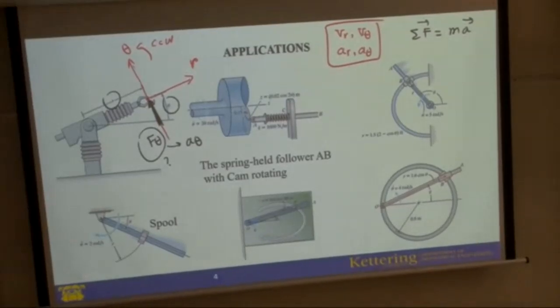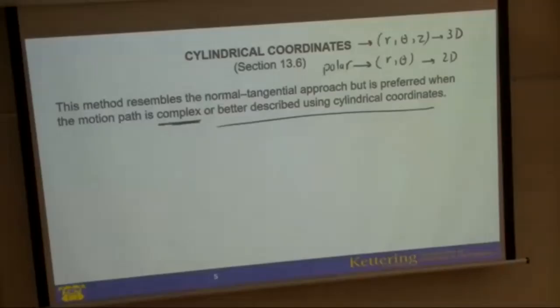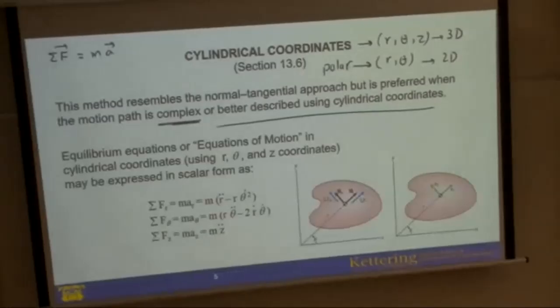Now, as I explained, we will use the equation of motion in vector form, for a particle in 2D, as you can see.